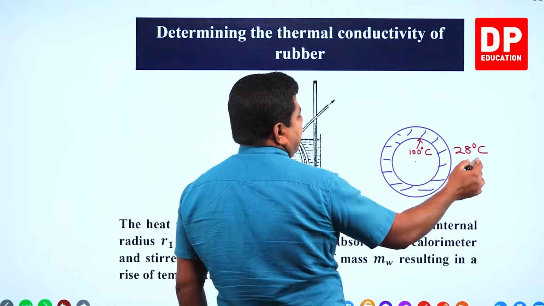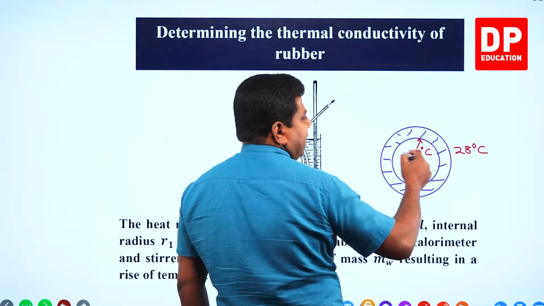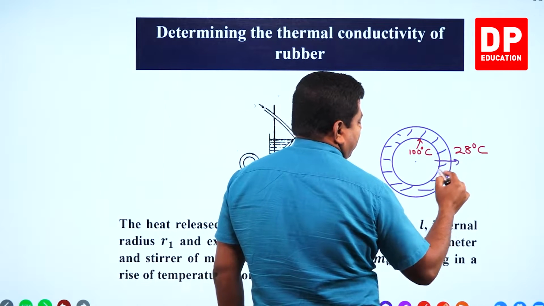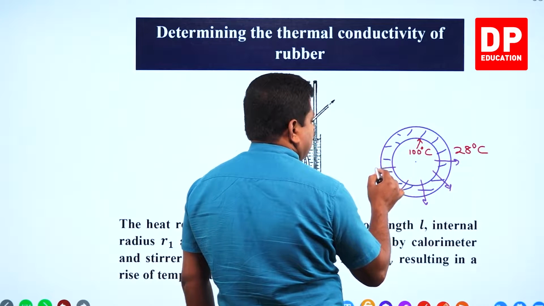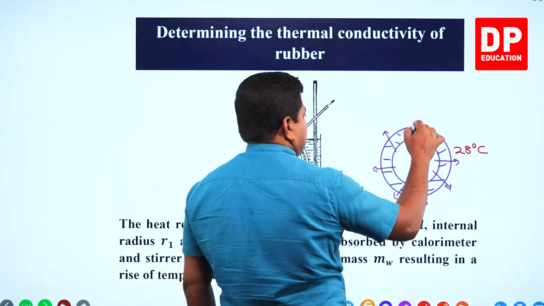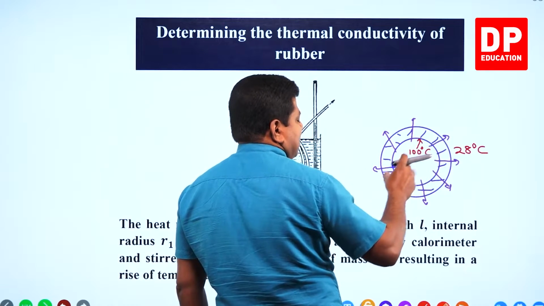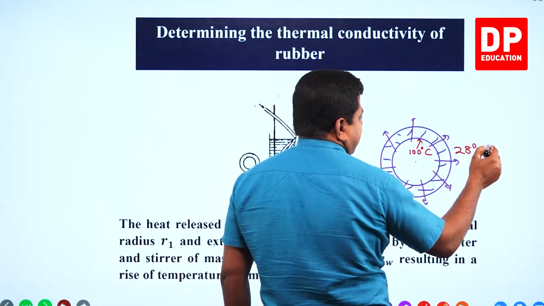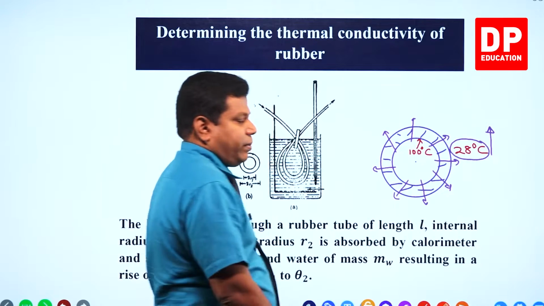Now, what will happen? Since there is a temperature difference, from the higher temperature to the lower temperature, the heat has to flow. So, heat will be flowing like this. When heat flows like this, this temperature will increase. Why?